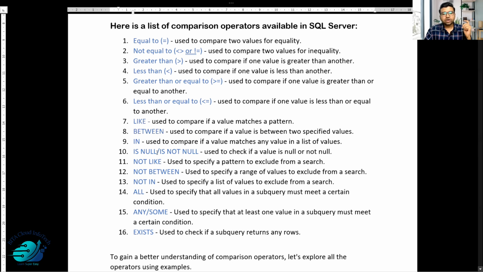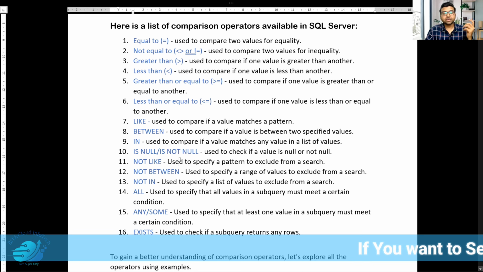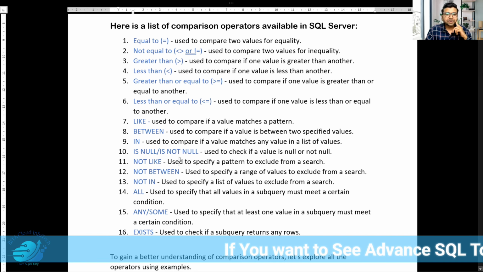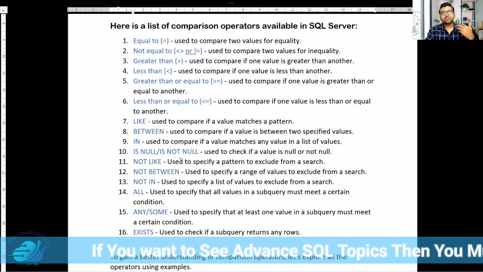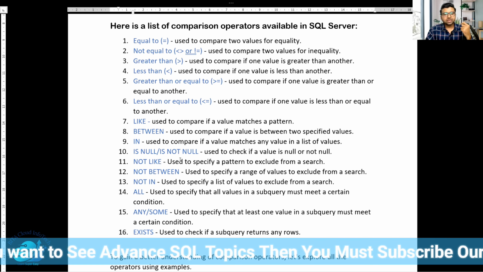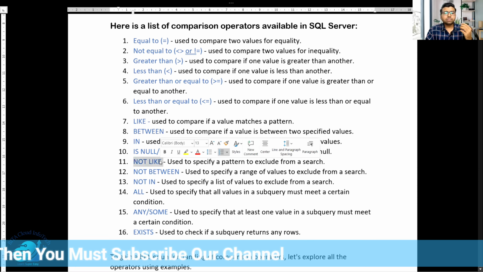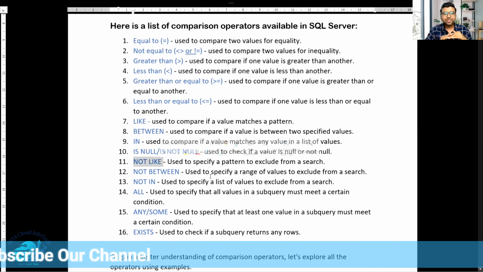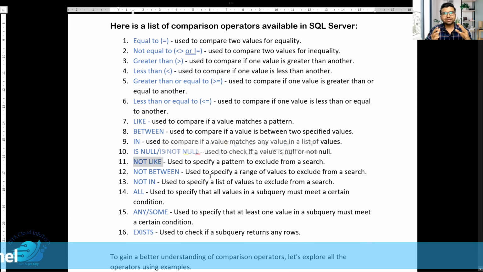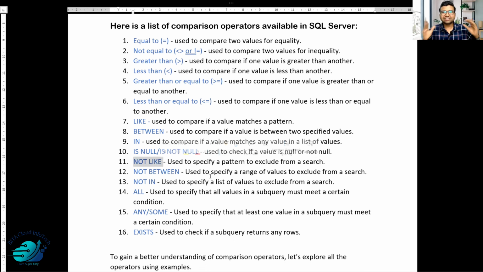In the same way, another operator is is not null. We already know what null is, and is not null is when the value is not null, it does not hold null. We will understand this in more detail with examples.